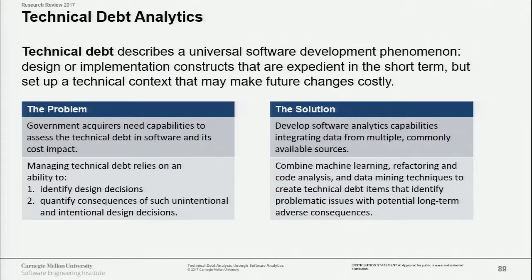How you quantify the consequences brings back all that boatload of data that we generate throughout the software development process, and being able to analyze it. That's what our solution is. Our solution approach is to develop a software analytics capability that helps us analyze technical debt. But it's not necessarily just in the code, because there are multiple artifacts that we can analyze, correlate, and create causal relationships between, and then tell the stakeholders, these are the areas that may require attention before others, and these are the areas that might be okay to live with.